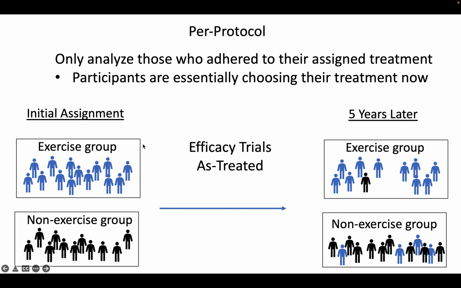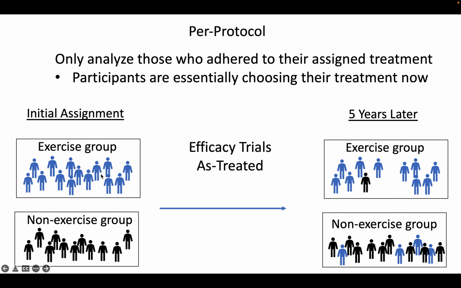The intent to treat option is more realistic of the effect a medication will have in the real world, because when you really do prescribe a medication, some people will stop taking it. And that's basically factored into how effective we determine the medication to be.